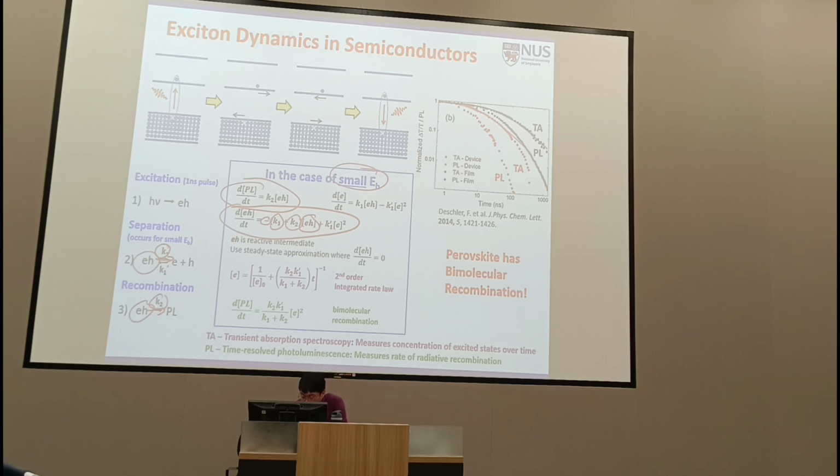But I can have a positive term here, plus k1 prime E squared. That is this reaction. k1 prime is a backward reaction.